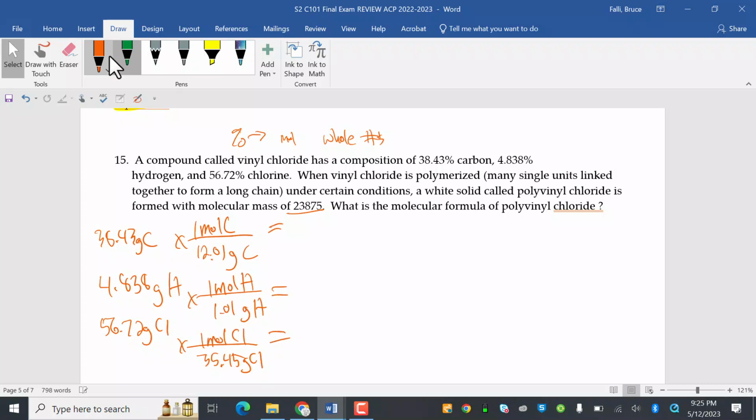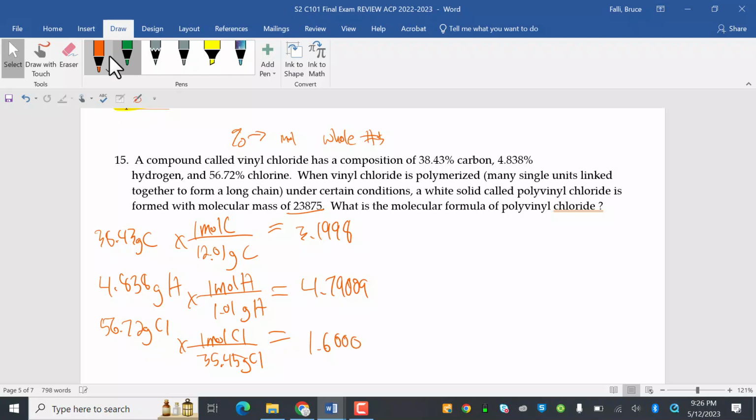All right, so 38.43 divided by 12.01 is 3.1998. 4.838 divided by 1.01 is 4.79009. And 56.72 divided by 35.45 is 1.6.